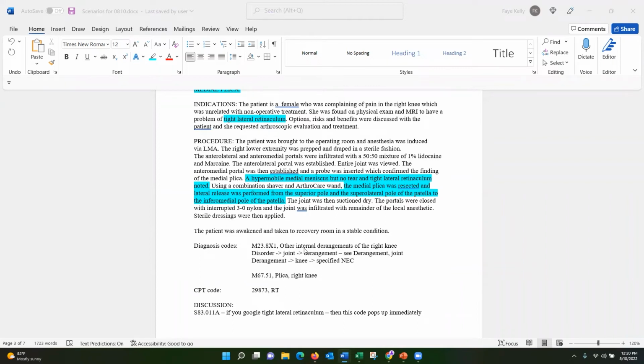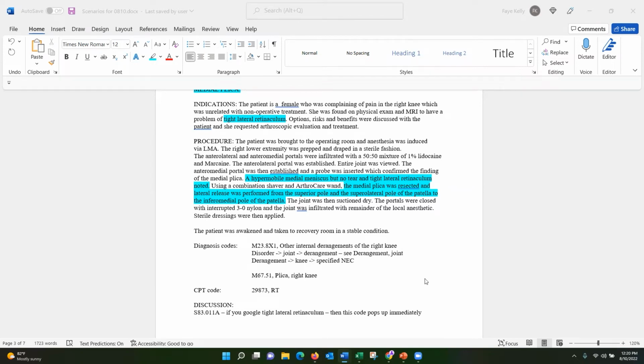That code is other internal derangements of the right knee. But this is where I started. I know that each of you may have started in a different place, and that's fine. But for those that didn't get this, it's important that you know where to start.